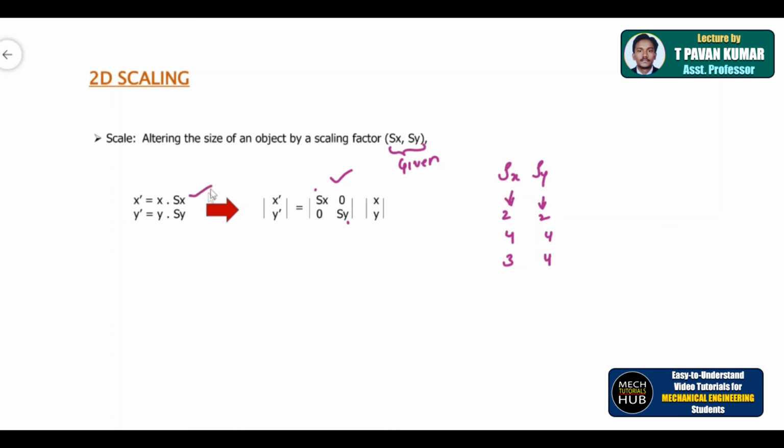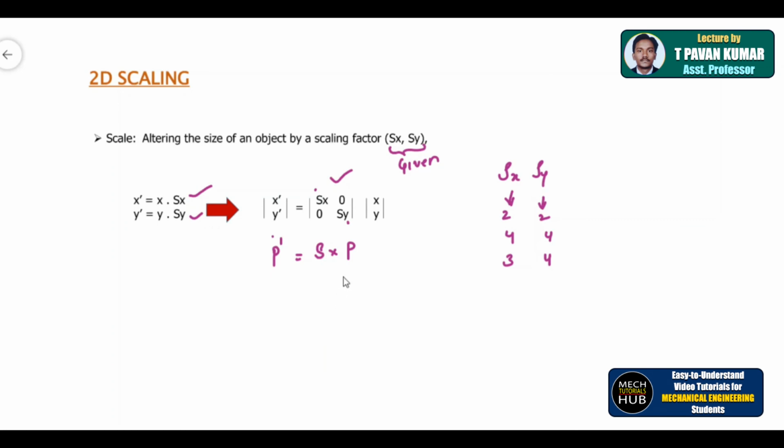Now these are the two equations actually. X prime is equal to x into Sx, y prime is equal to y into Sy. Here this is a new position, so we call it P prime, that is equal to the scaling matrix S multiplied by the old position that we call P.